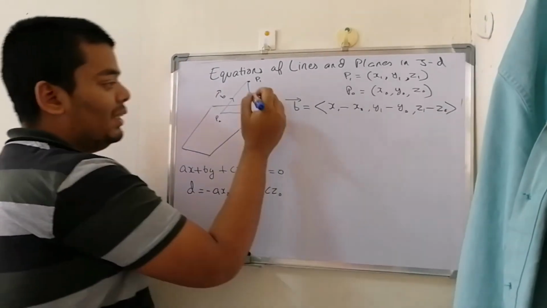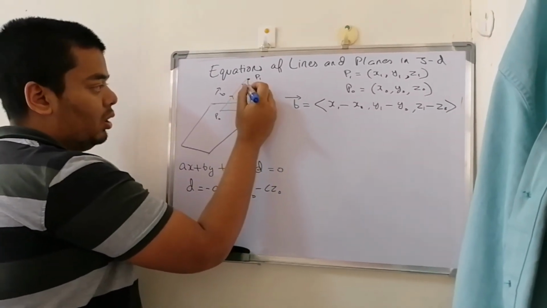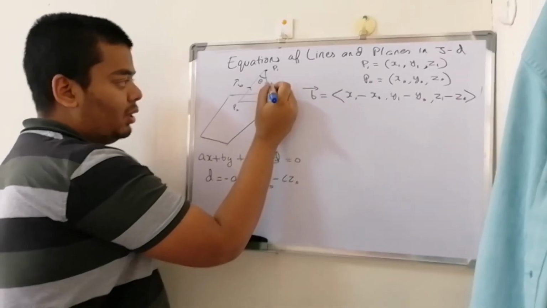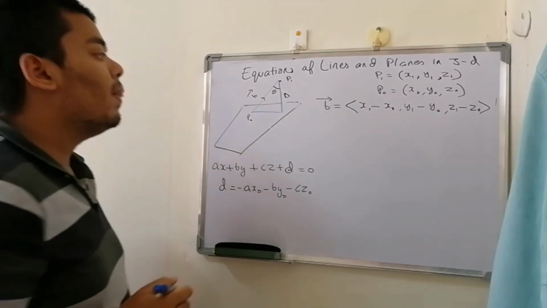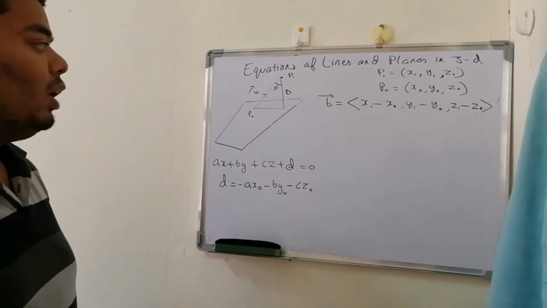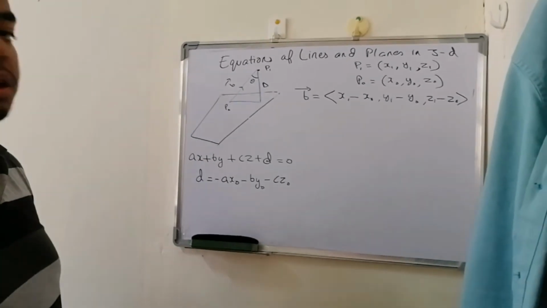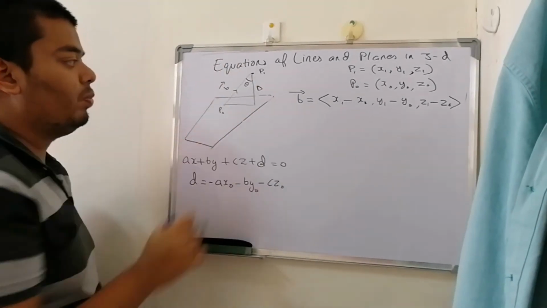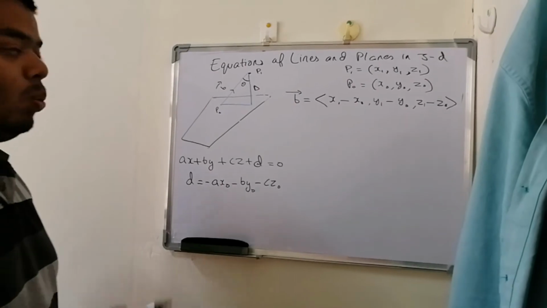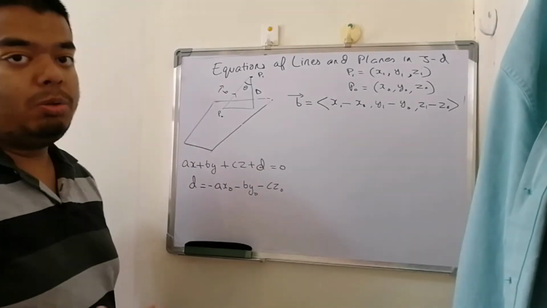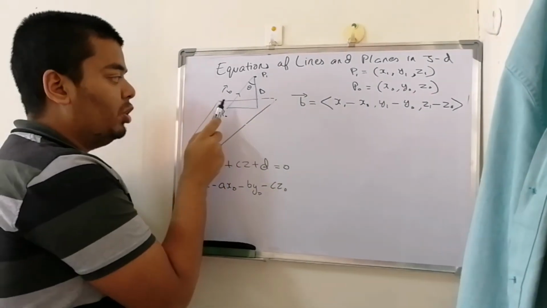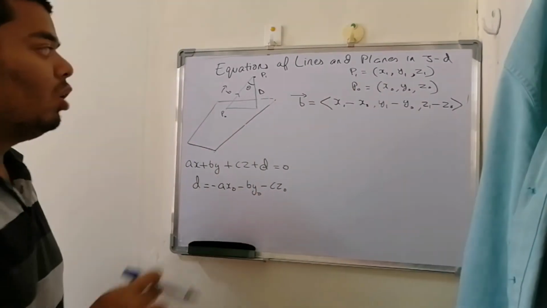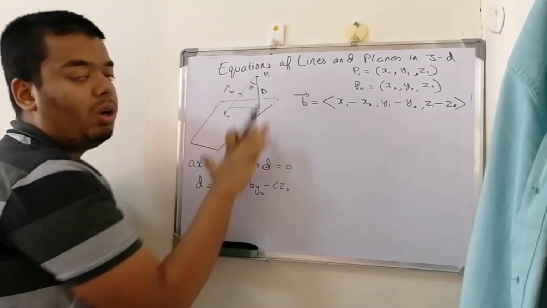Now this is the angle theta. This is the distance we are concerned with. We need to find the distance here. So usually in vector terms, what we say is we need to find the projection of the vector B onto this line, onto this vector.